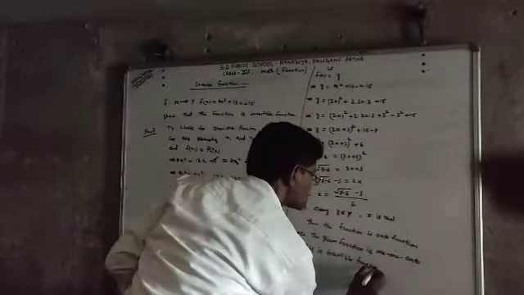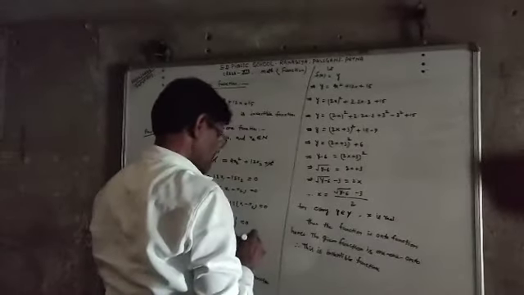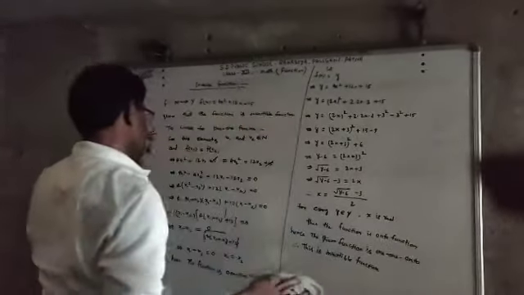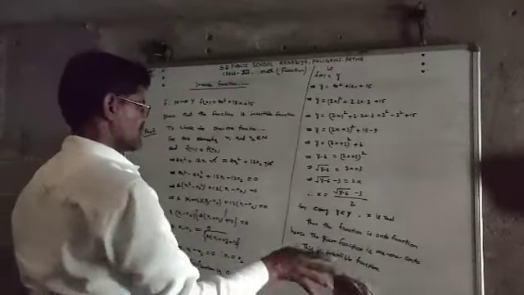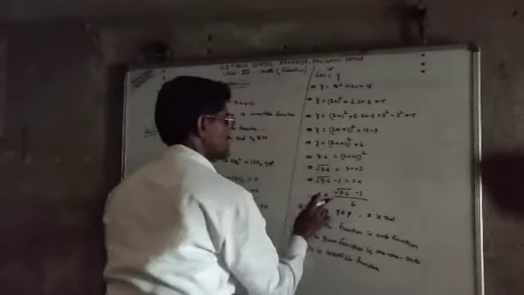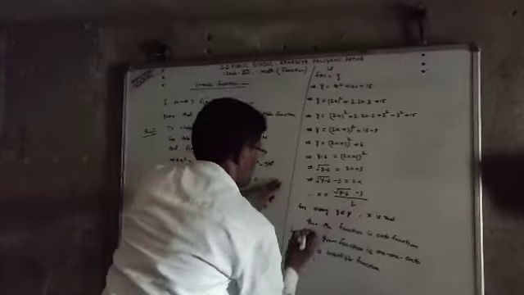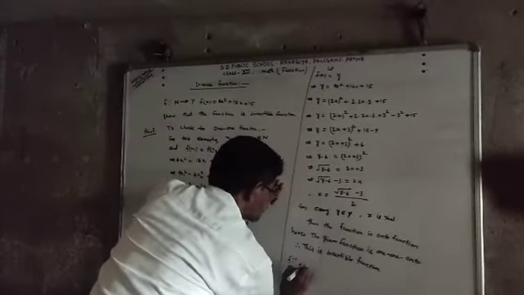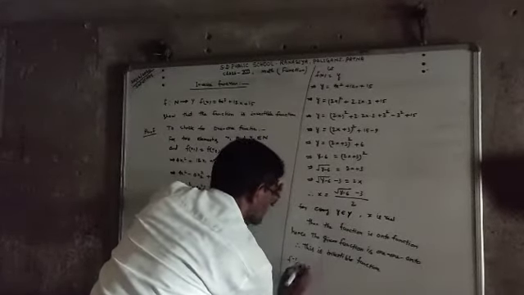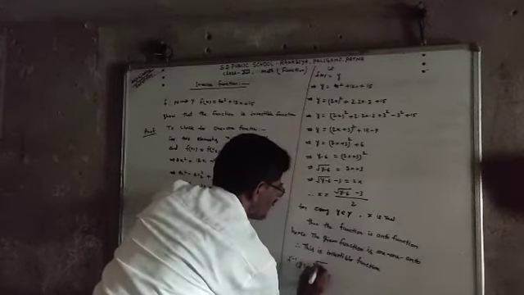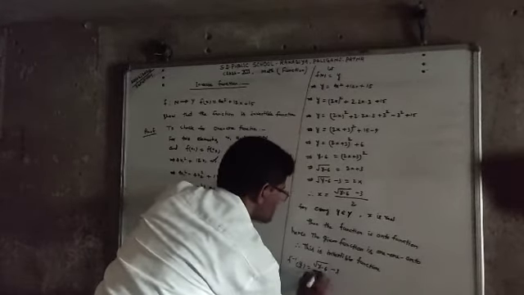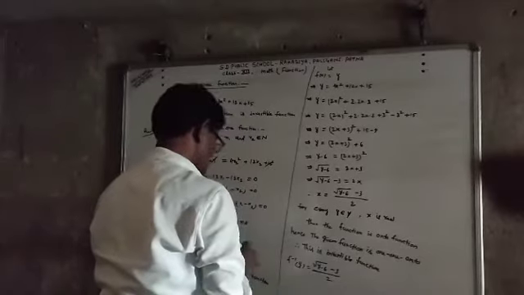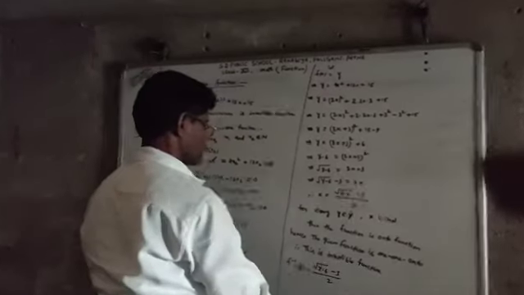If the function is invertible, then the inverse of the function can exist, and the inverse is obtained by taking the variable y: f inverse of y is equal to (root under y minus 6 minus 3) upon 2. It is the inverse of the given function.